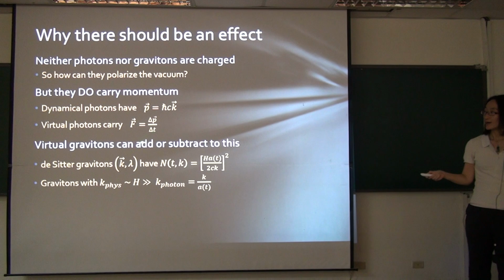When virtual gravitons exist, the virtual graviton will interact with this photon. It might add or subtract momentum, and then you get a change of momentum. Then you change the force carried by the virtual photons. So this is why it changes.